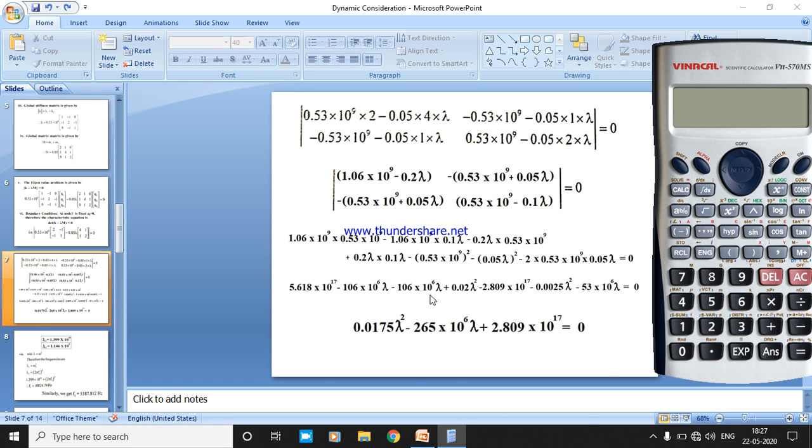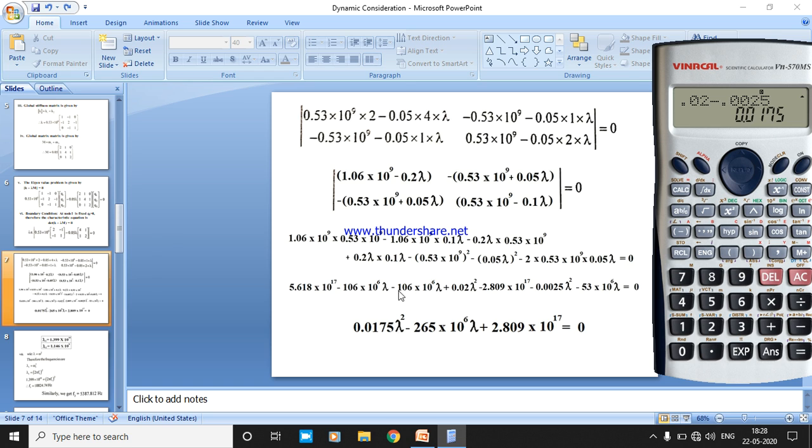When I go to the calculator, here I have the lambda square: 0.02 plus, and here minus 0.0025 is equal to, I got 0.0175 for the lambda square. For the lambda, I have three values, this and the last one.